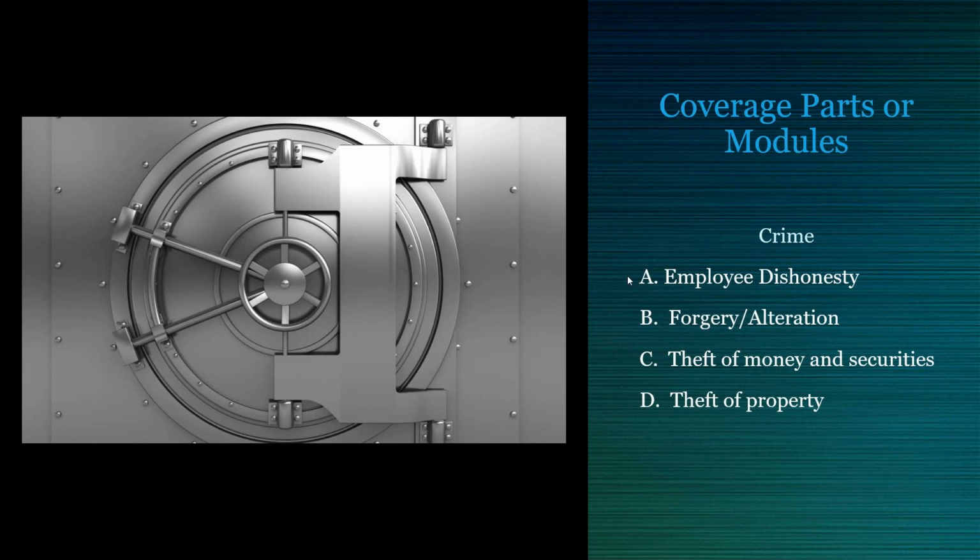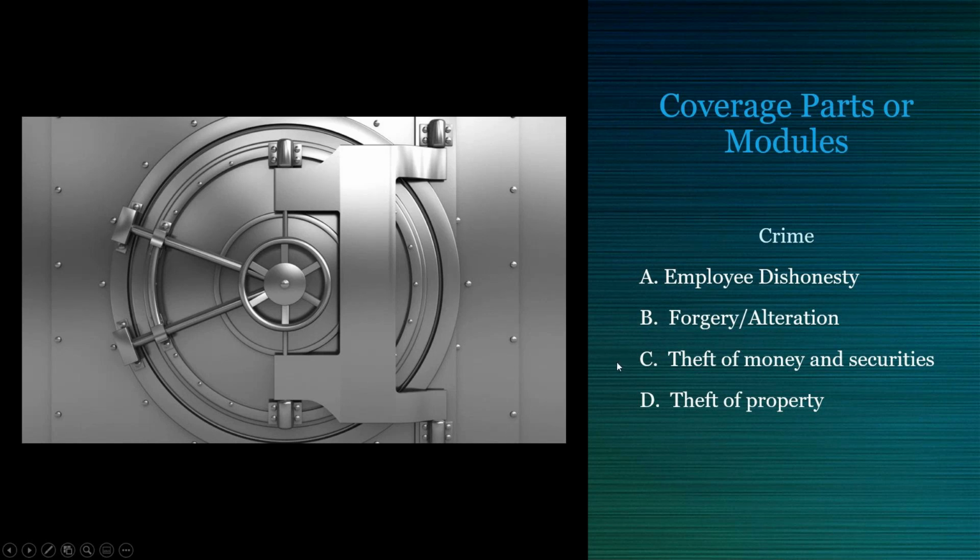Okay. Coverage B, C, and D is loss to your company from outside parties. So some outside party broke into your company, took your company checks, forged or altered them, and sent them out to other people. Right? That's what coverage B would be, from outside parties. Because if your employees stole your company checks, that would have been covered under employee dishonesty.